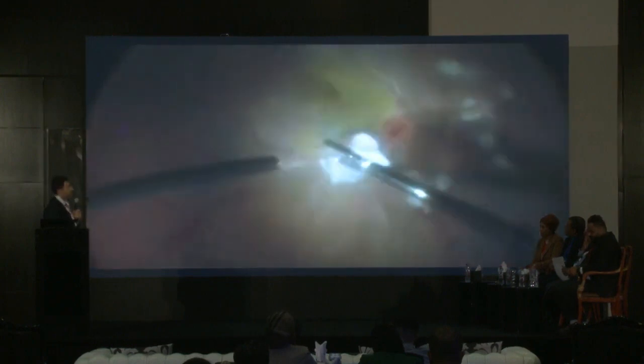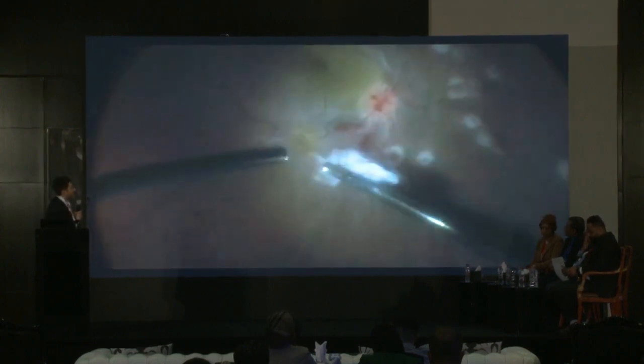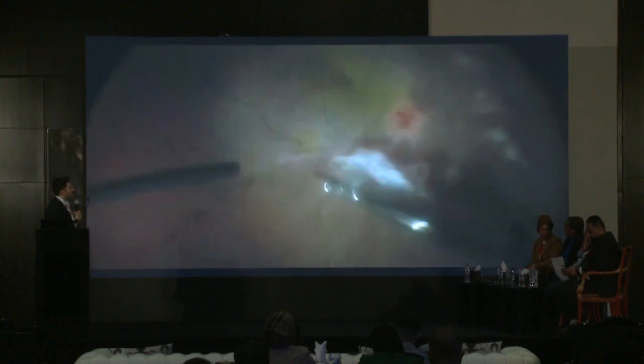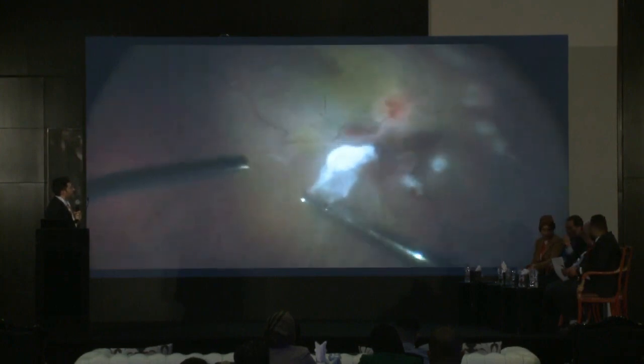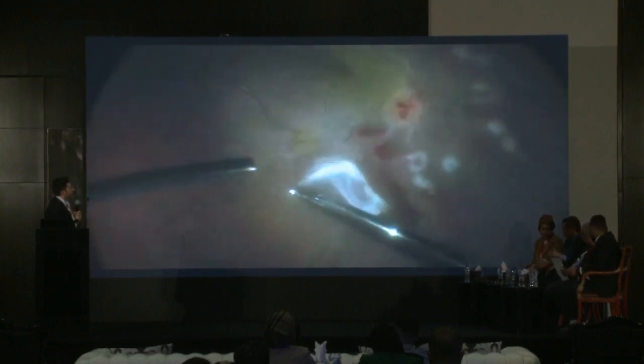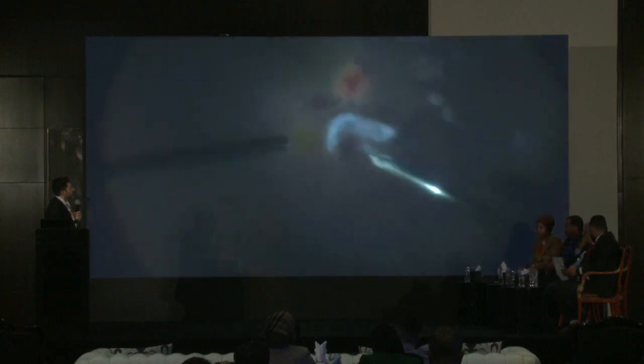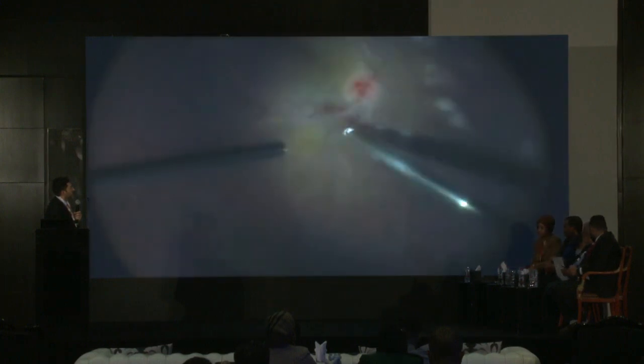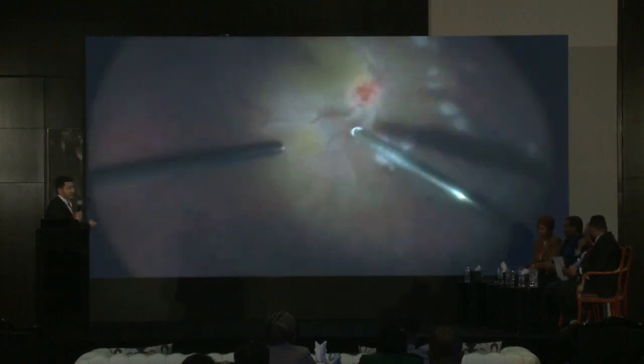If you don't take care of those tractions, anti-VEGF actually will make things worse. So in this case, we're peeling this tractional component from the disc. This shows an example that sometimes when you're encountering patients who have tractional components, it's better to not continue with your treatment plan of continuing anti-VEGF.